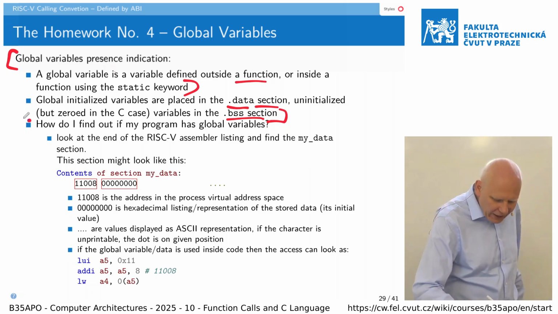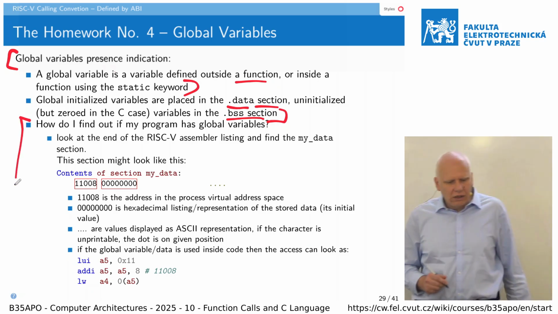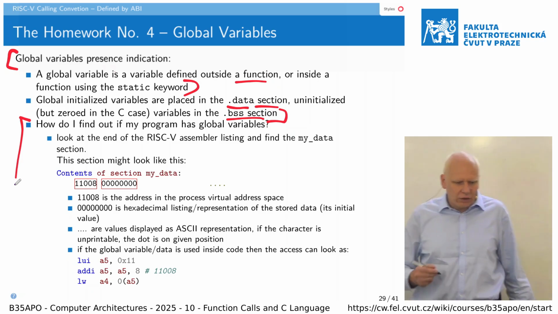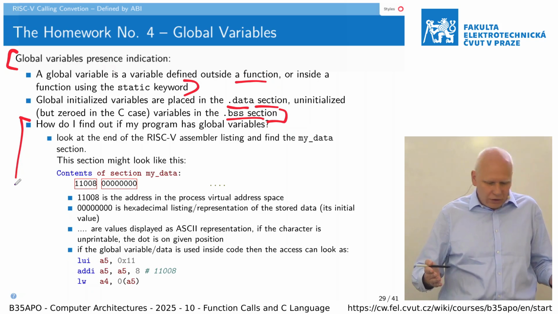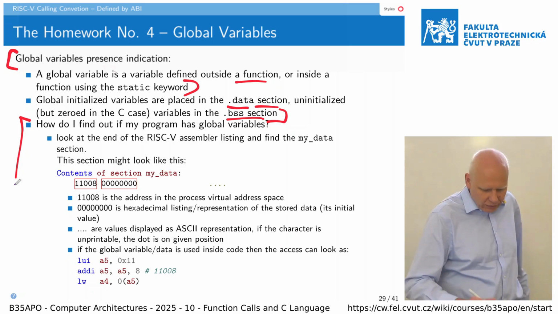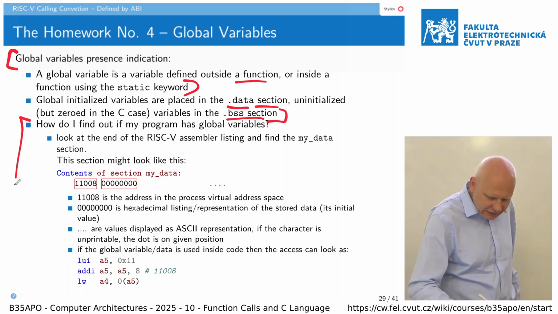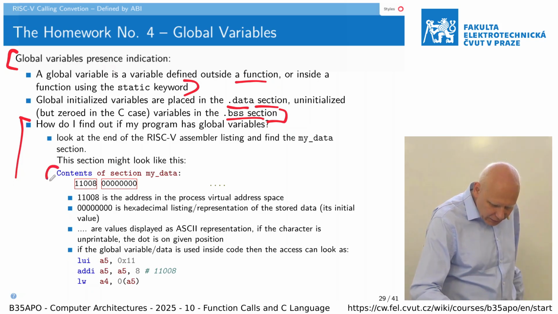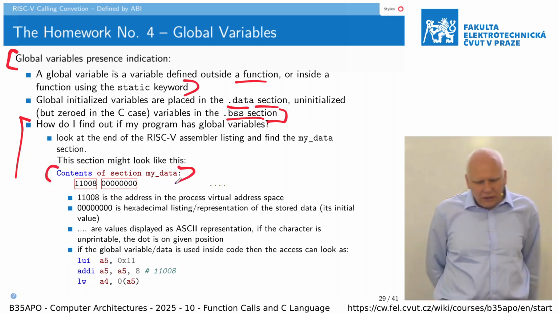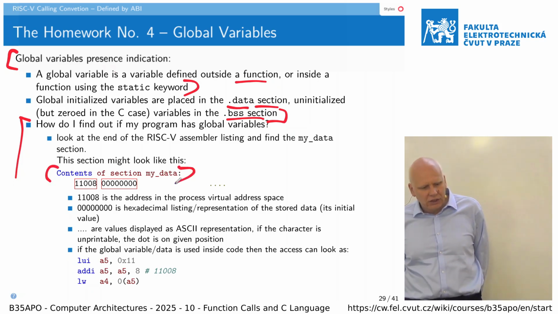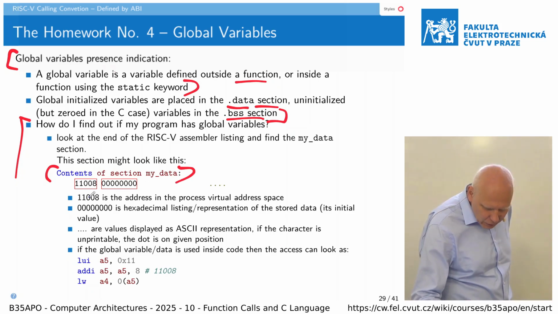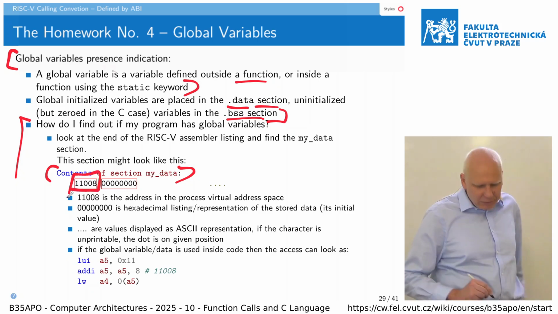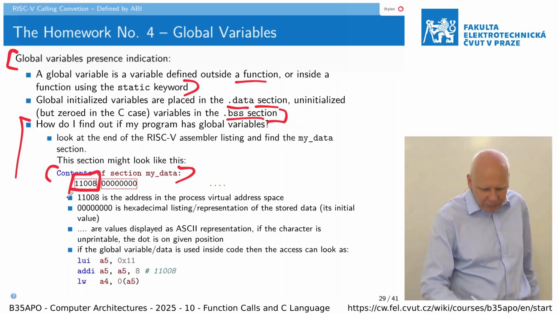You will find that it is a global variable in your listing, maybe some string or some text, because in the listing there is a section which is called my data, and there is the address where it will be stored in the virtual address space.